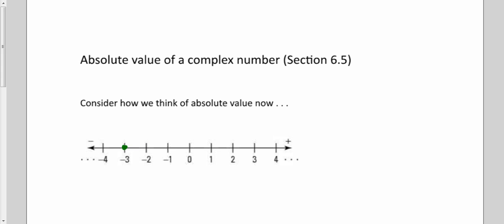How far is negative 3 from 0? In other words, what is the distance that negative 3 lies from 0? Distance. Distance is my better term for absolute value. That's the name that the Brits and the Aussies and the Canadians use for absolute value.